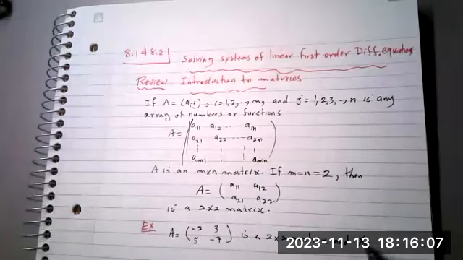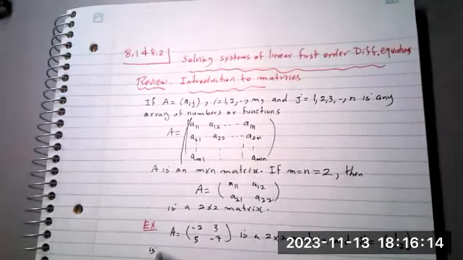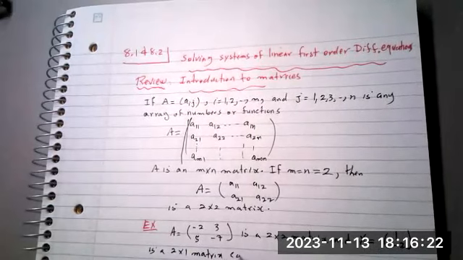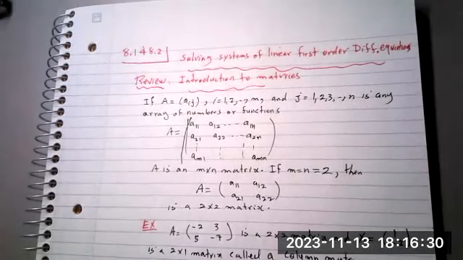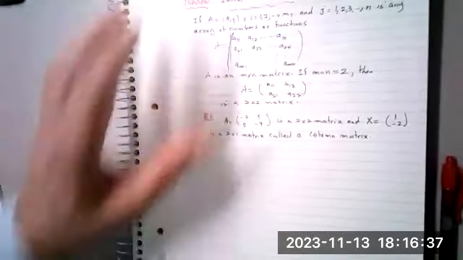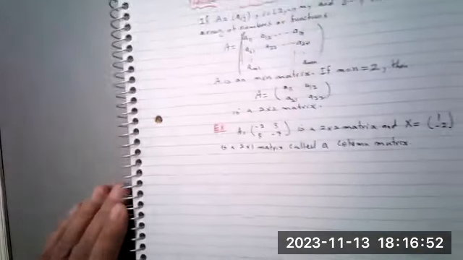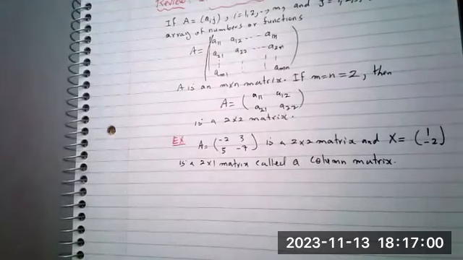And if I write the vector X as 1 and -2, this is called a column matrix, because we are going to have a solution set as a vector, and we are going to denote it by these forms. Okay, you see it. That would be better.